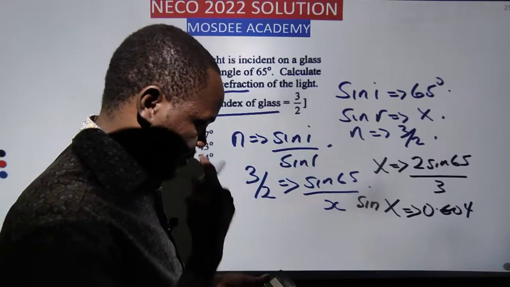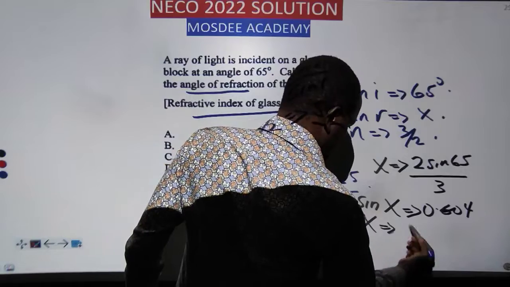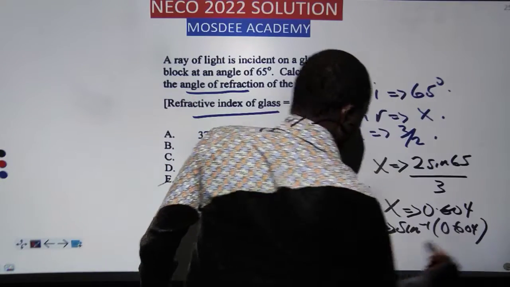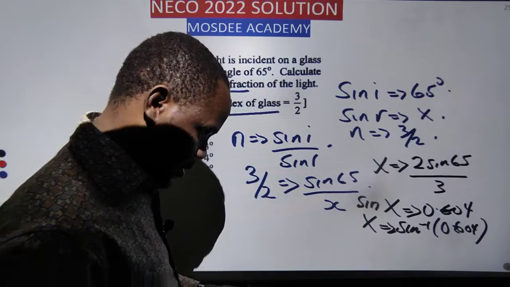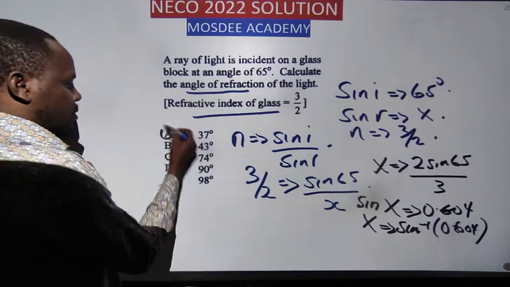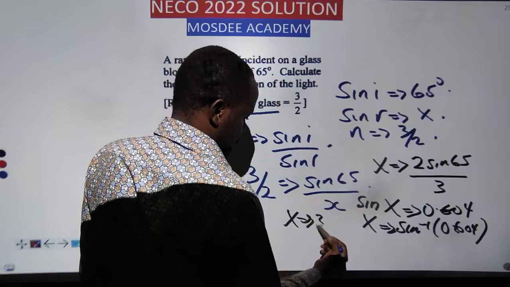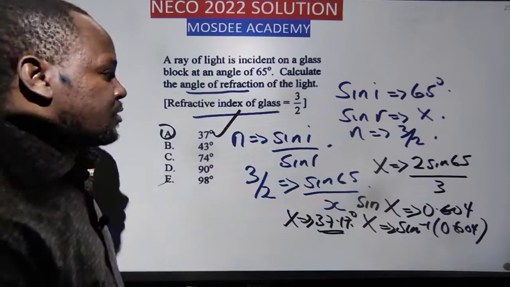This one cannot press arc sine, that's the problem I have. So x is equal to arc sine of 0.604. It's just shift sine. 37.17. That's what I'm having. That's option A. You can verify it. Next question, please.